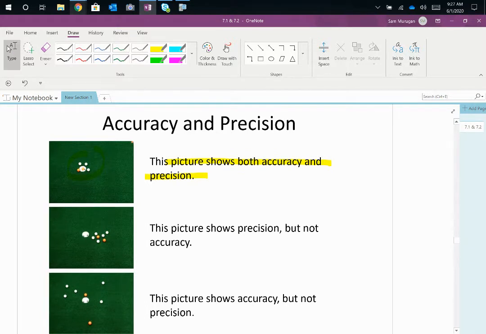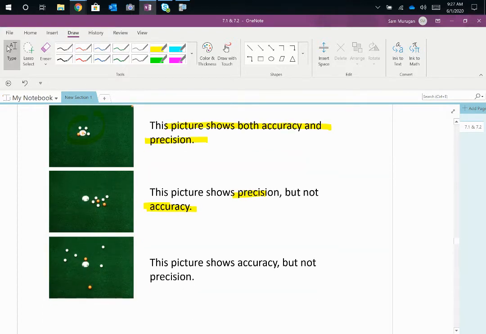The second picture shows precision because all of the balls are grouped together on the right, but it's not accurate. It's not where it's supposed to be. And the third picture shows accuracy but not precision, okay? In other words, the balls are randomly scattered around the hole, but they're not precisely at the hole. Makes a little bit of sense? Okay.